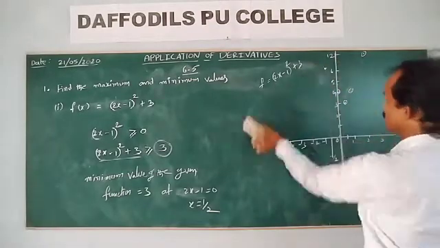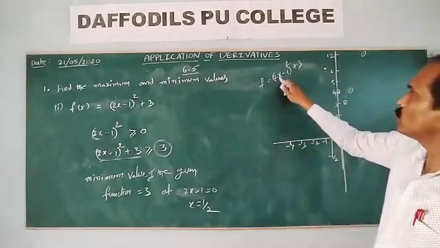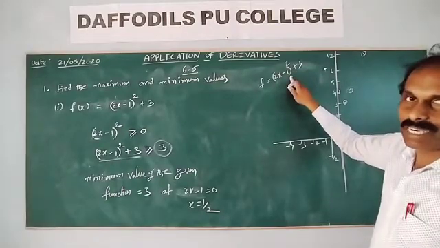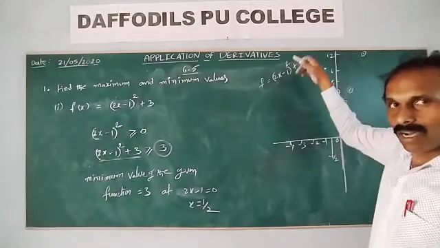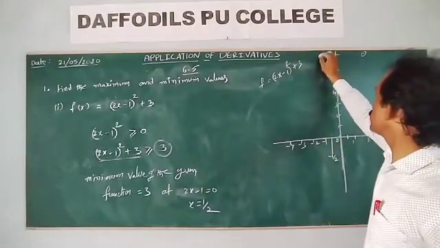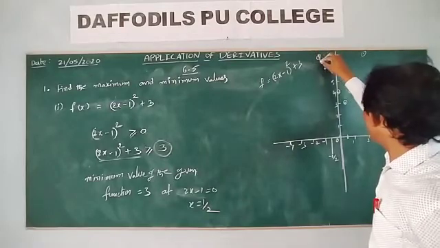Right. Take x is equal to minus 1: minus 2, minus 1, minus 3, minus 3 whole square is 9, 9 plus 3 is 12. So at minus 1 this is 12. So the graph is like this.